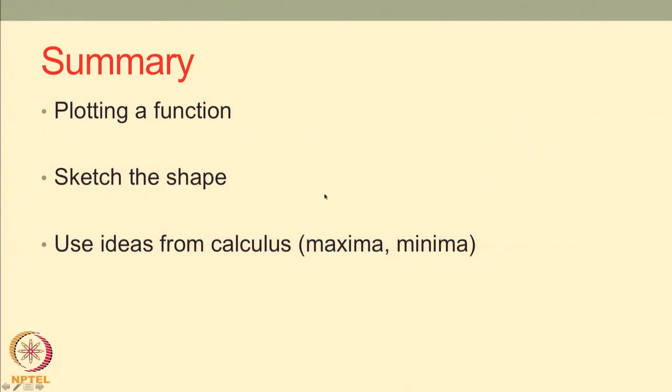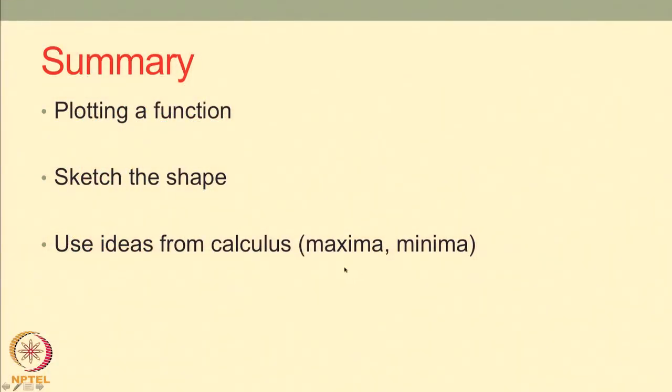To summarize, what we learned is how to sketch the shape of a function. We may not know all the points precisely, but we would know the rough shape of a function by following this recipe.